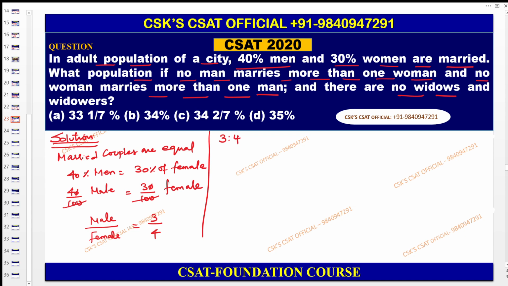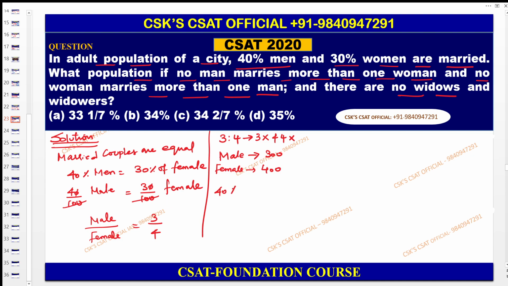Now, ratio means A is to B means Ax, Bx. So like this you can take 3x and 4x, or else you can take multiples of hundreds also. Therefore let us take the number of males as 300 and the number of females as 400.